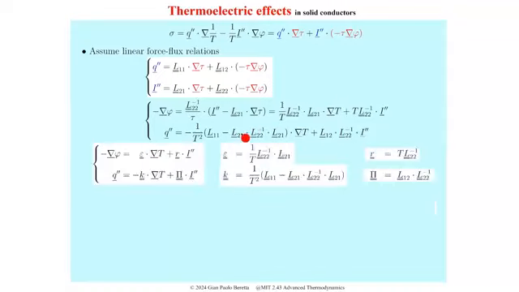Okay, so, and then finally, instead of carrying all these names with the L's, we just give different names. So the term that multiplies the gradient in temperature in this equation, we call it epsilon, and that's called the Seebeck coefficient.